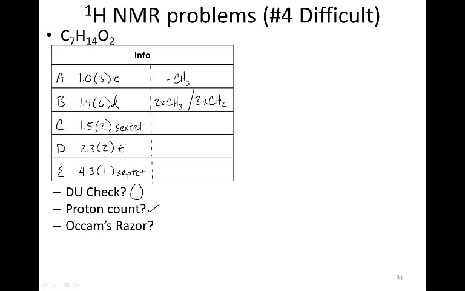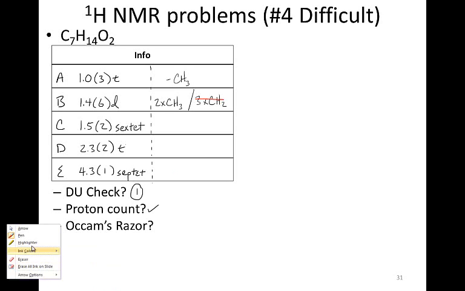So either one is just as likely at this stage of the game, but since we said we're going to go with the simplest explanation, the one where we have to explain the least amount of data, the easiest one to explain is going to be the 2 CH3 groups. So this could be wrong, but for now let's just go with it, and if it turns out to be wrong, we can always come back and go with the other scenario of having 3 CH2 groups.